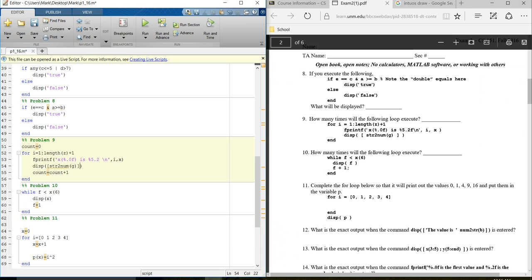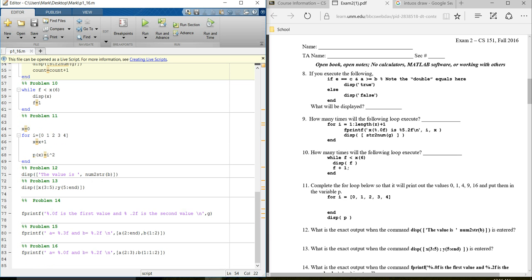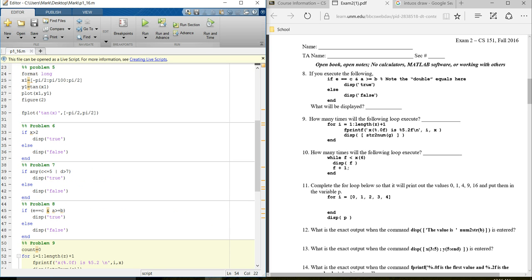Guys, I would like to apologize. I was about to move on and I noticed this line right here, string to num of G. The problem is G isn't a string, it's a double. So that's an error. And then I looked closer at fprintf I, x.